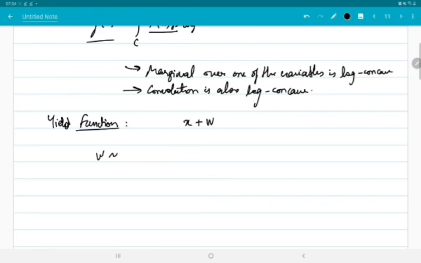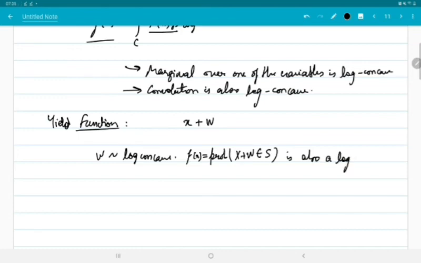Then the probability that x plus w belongs to the set of permissible values S, when S is convex, depends on x actually, because w is the perturbation, so it is a function of x. So this is also a log concave function.